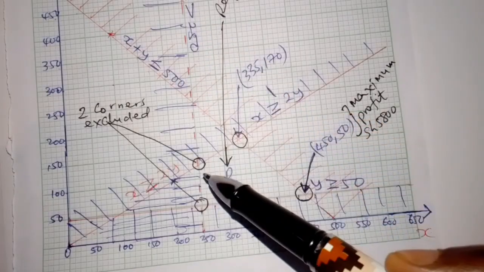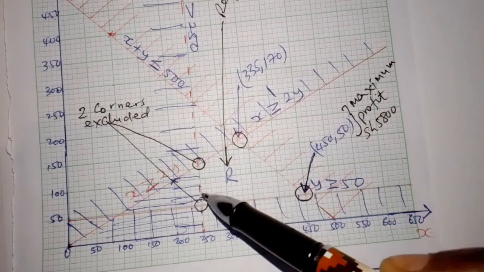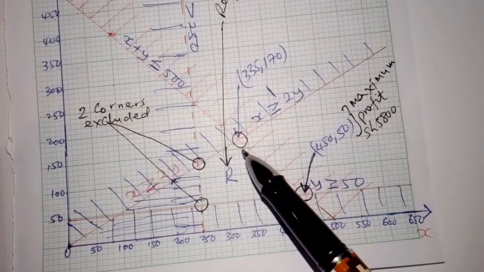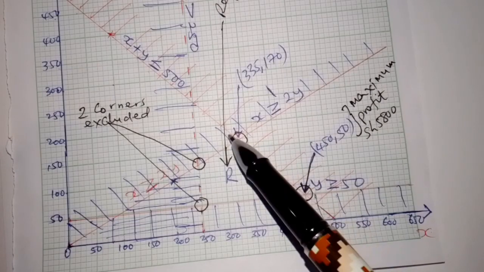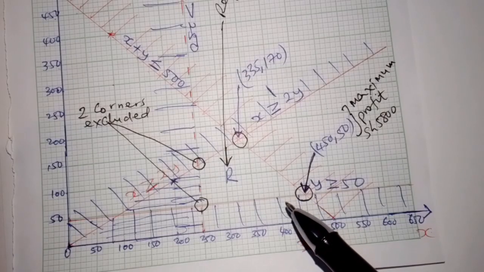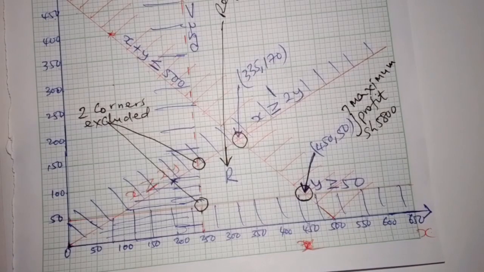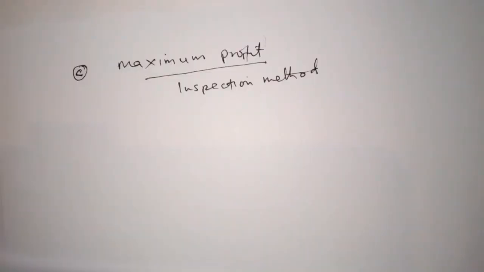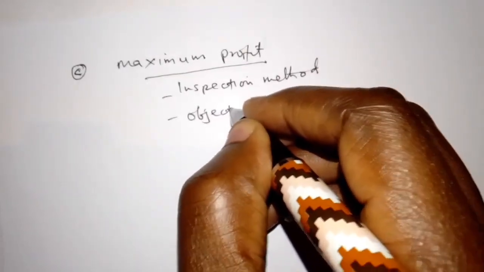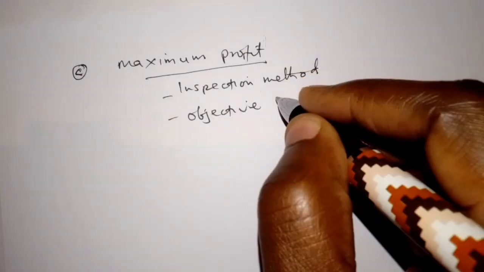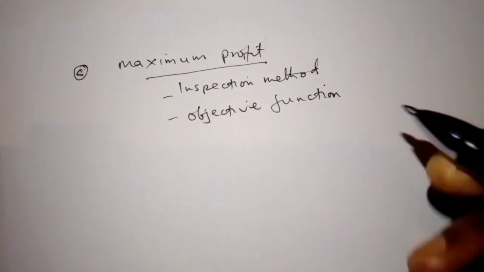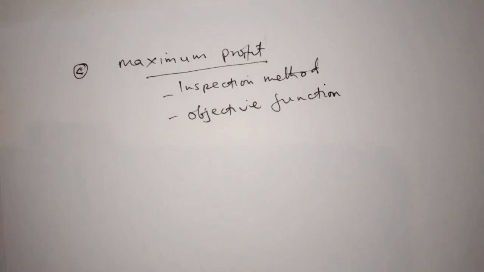We are going to exclude these two corners, and only use these other two corners, and we're going to use the objective function.